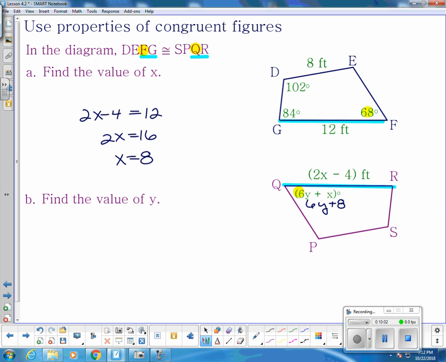So we're going to set 6y plus 8 equal to 68. Corresponding parts. There's a bunch of information in this quadrilateral that's marked that we don't need. You have to pick the corresponding parts and forget the rest of it. Make sense? We can do it.